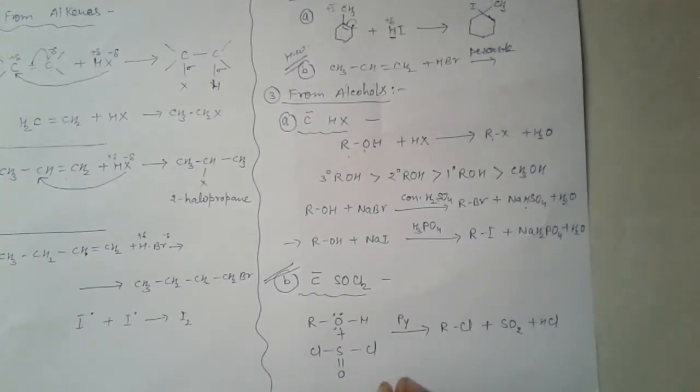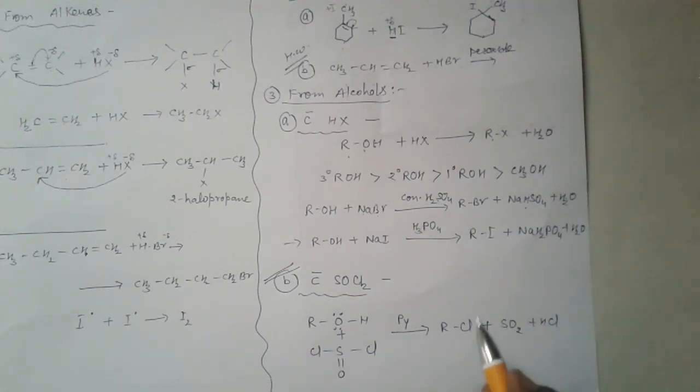It is known as Darzens reaction. Very important. In this method, pure alkyl chloride is obtained, so it is the best method to prepare alkyl chloride.